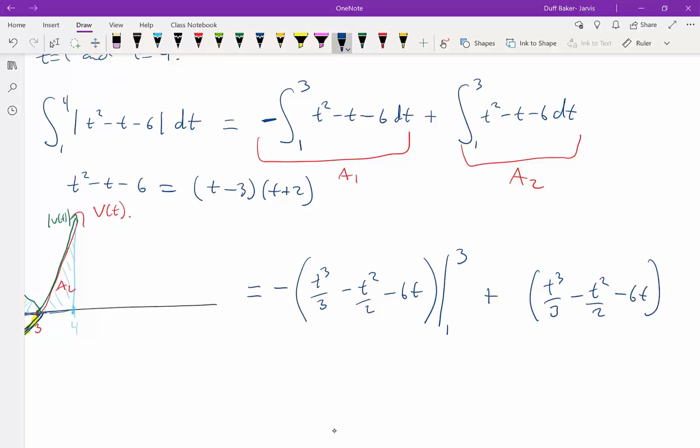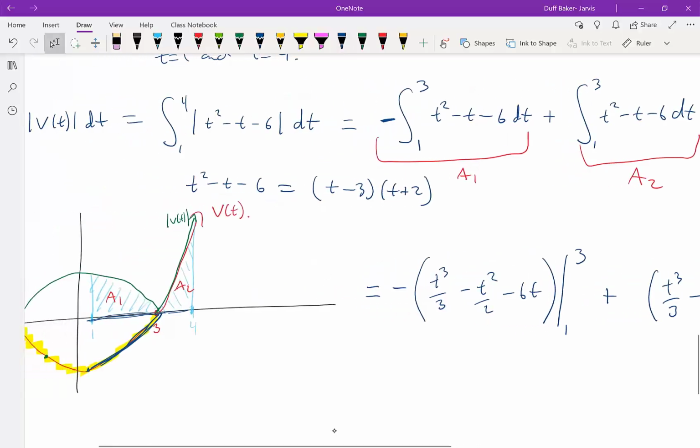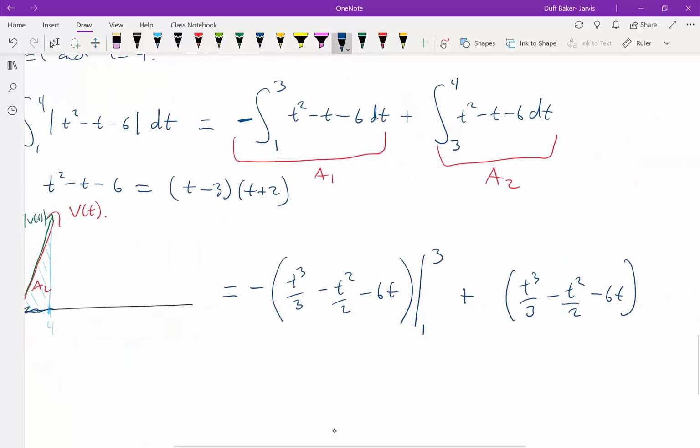Now from, oh, sorry, my bounds are all messed up. The first integral went from 1 to 3, then the second one should have gone from 3 to 4. Right, you should have the first bit and then the second bit. That makes more sense.